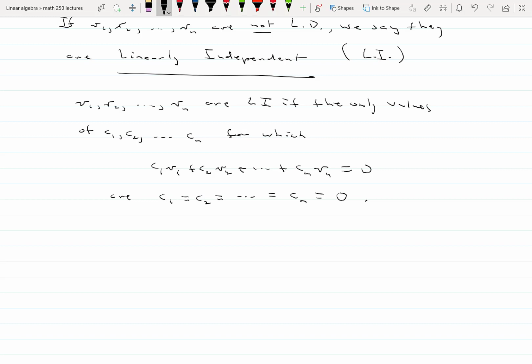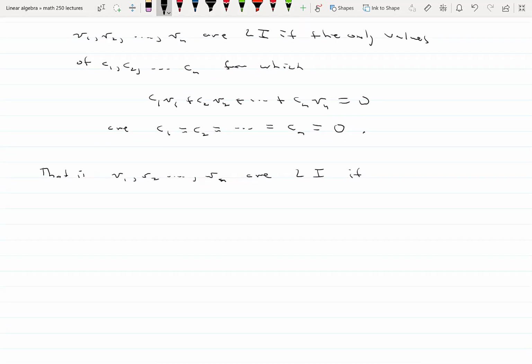Okay? That is the definition. V1, V2, all the way up to Vn are linearly independent if you set up the equation C1 V1 plus C2 V2 all the way up to Cn Vn equals 0, and that implies the constants C1, C2, all the way up to Cn have to equal 0.